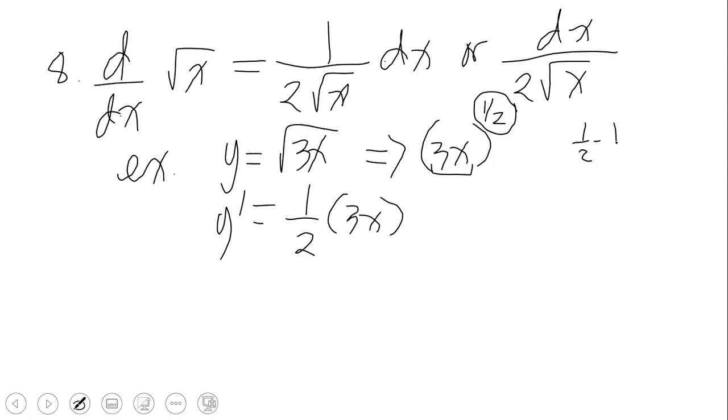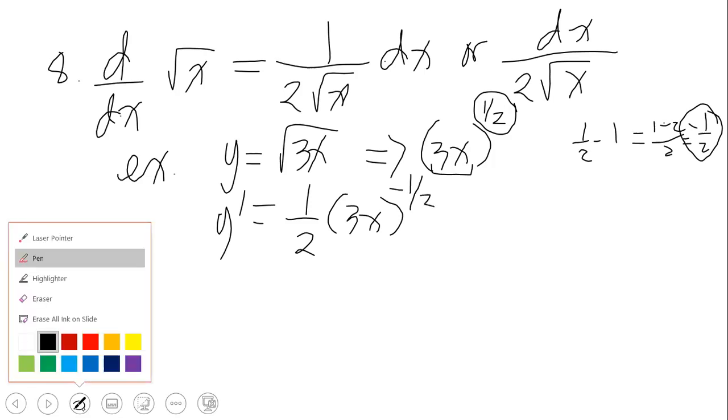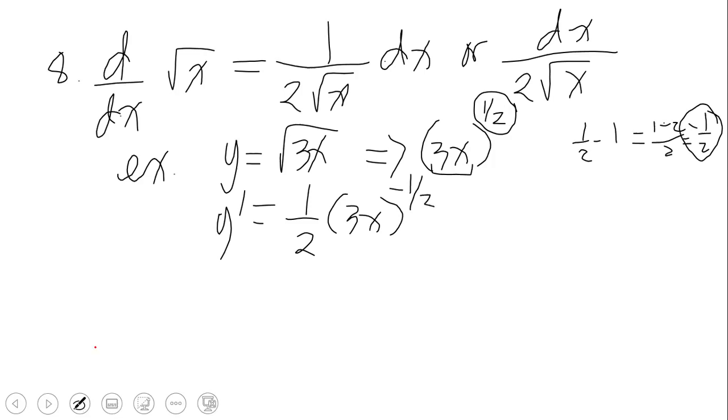So 1 minus 2 over 2, which is negative 1/2. So therefore, ang new power natin will become negative 1/2. And the derivative of your function, the derivative of 3x, which is 3.